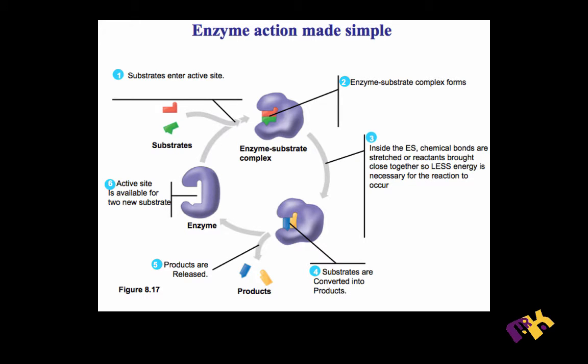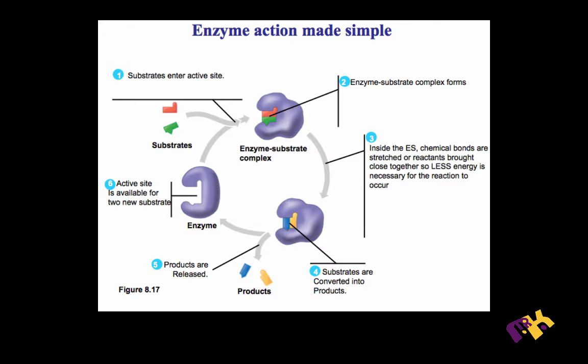We can summarize the process into a nice cycle. Step 1, we have our substrates enter the active site of an enzyme. Step 2, they'll bind together, and this enzyme-substrate complex forms.